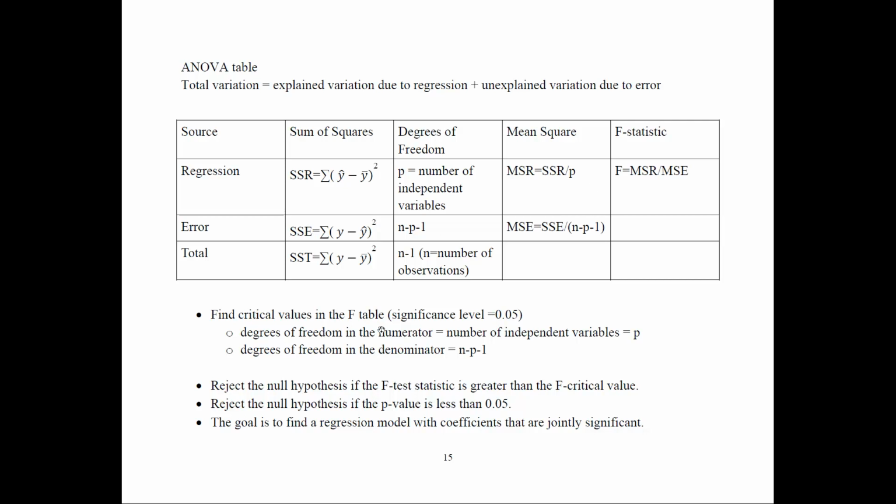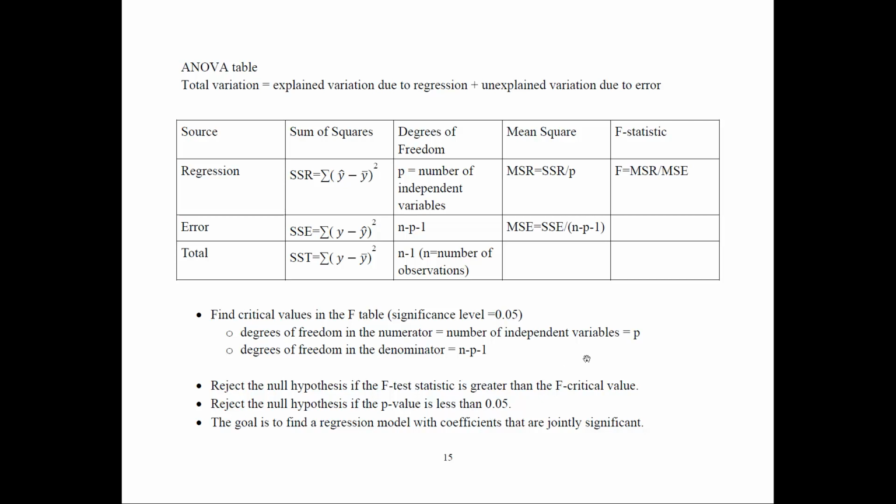So if you look up the critical values in the table, you will need to look up with degrees of freedom in the numerator p and degrees of freedom in the denominator n minus p minus 1. And the conclusion would be that we would reject the null hypothesis if the F statistic is greater than the F critical value, and we would reject the null hypothesis if the p-value is less than 0.05.